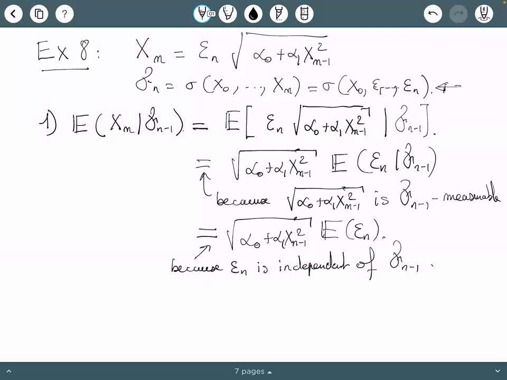And by assumption, the epsilon n are centered, so their expectation is 0. So it is 0.